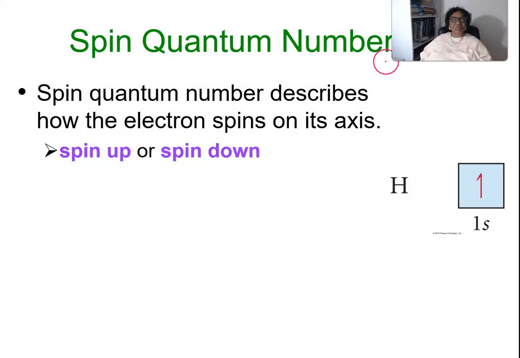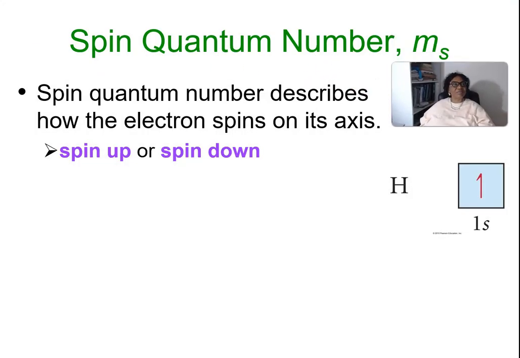The spin quantum number, ms. Remember we saw it in chapter 7. The spin quantum number describes how the electron spins on its axis. Spin up or spin down. So this is hydrogen, this is spin up.